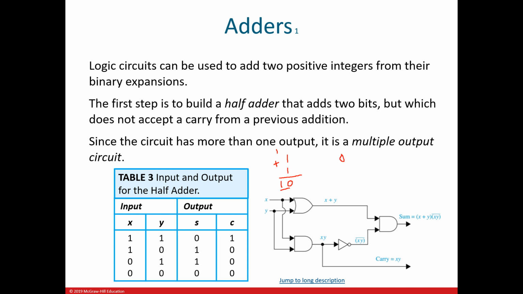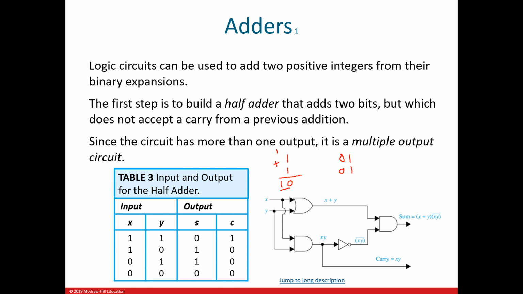Logically also, 1 plus 1 should give you 2, and 1 0 is 2 in digital logic. So here we can see that the summation is 0 and carryover is 1.